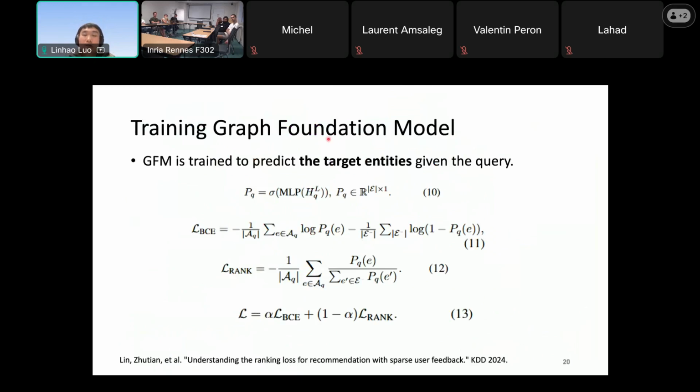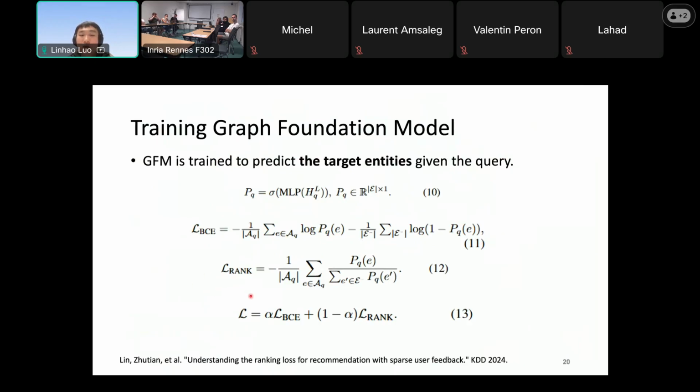Because we conduct large-scale training of our foundation model, the training objective of our GFM is to predict the target entity given the query. So the model can be optimized by two training losses. The first one is, given the query, we want to maximize the probability of the target entities.